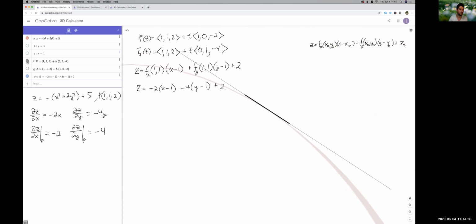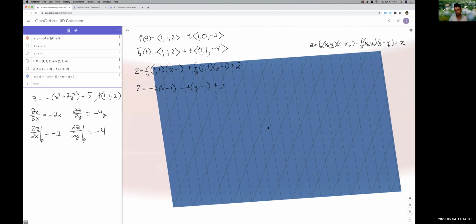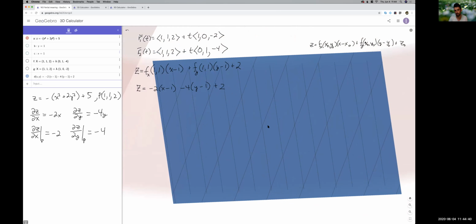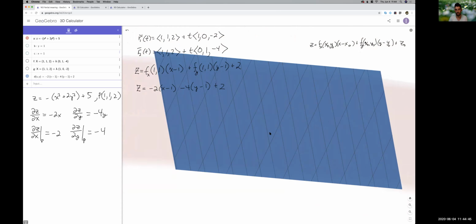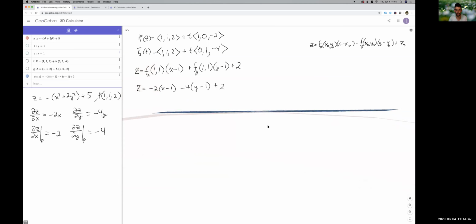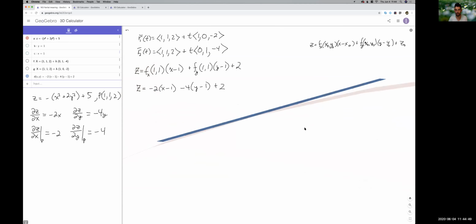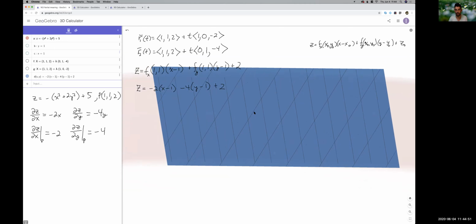Let's get rid of those tangent lines. Let's zoom in just a little bit more. And then take a look at the side, right? We're getting closer and closer, so that approximation becomes tighter and tighter.